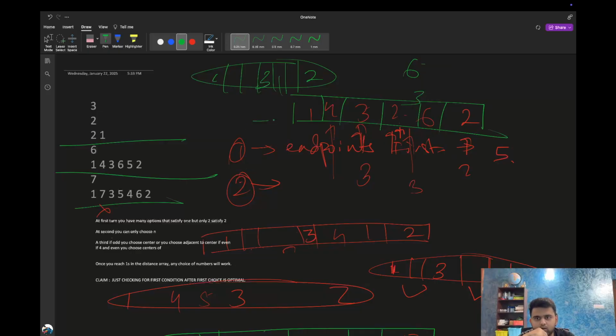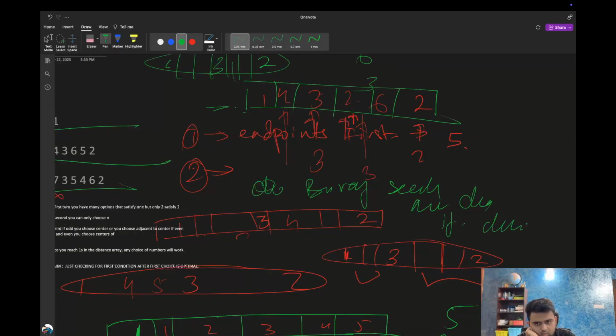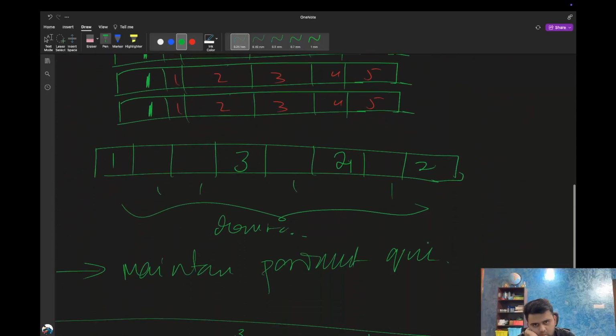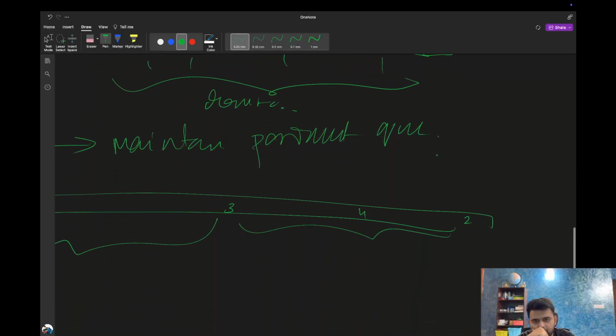One. So binary search and check if closest is, but yeah, you can have multiple of that.